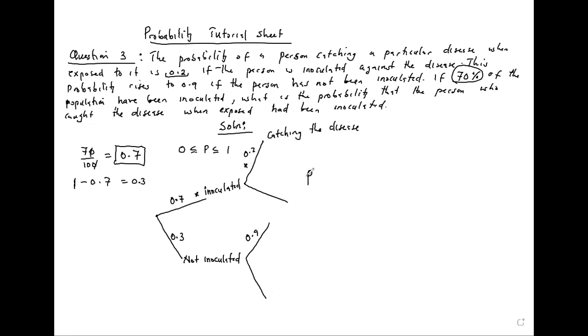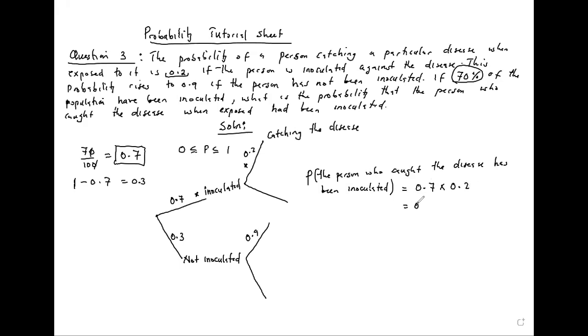So we say the probability that the person who caught the disease has been inoculated is equal to 0.7 multiplied by 0.2.